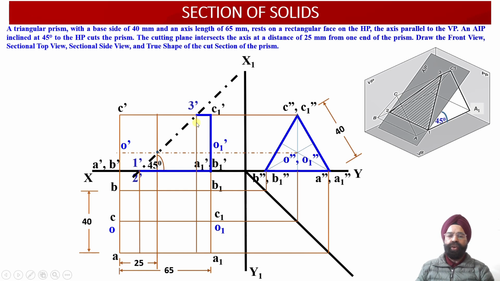Similarly, when we draw a vertical projector line emerging from the point 3 dash onto the top view projections, this projector has been obtained over here. Now we know that the longer edge AA1 has been cut by the cutting plane at the point 1, while the longer edge BB1 has been cut by the cutting plane at the point 2.